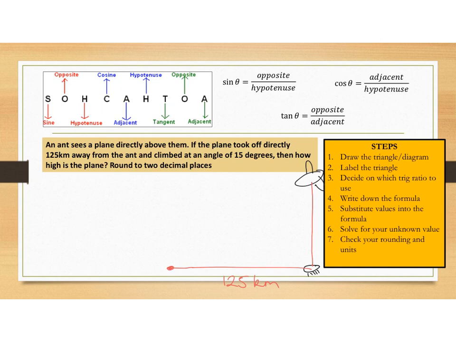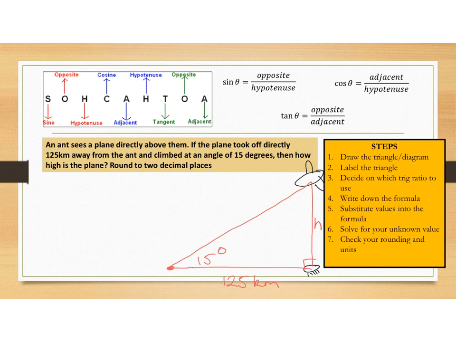And we're also told that that plane climbed at an angle 15 degrees to reach where it is now. And what we want to find is how high that plane is, which would be where I've labelled H. So we've got our right angled triangle.